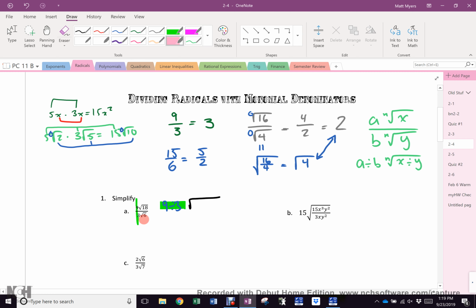And then to keep the colors going, what's going under there? 18 divided by 6. And what do I get? 3 root 3. And I am done. Just like every time you have tidy division when there's no radicals involved. Are you all good?